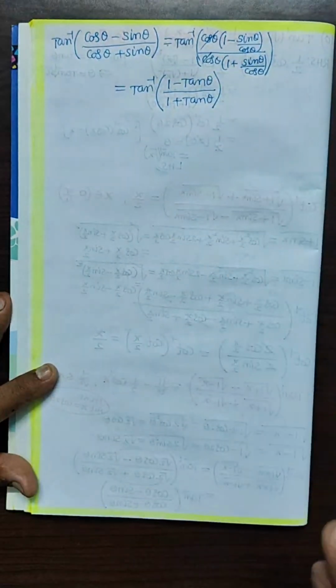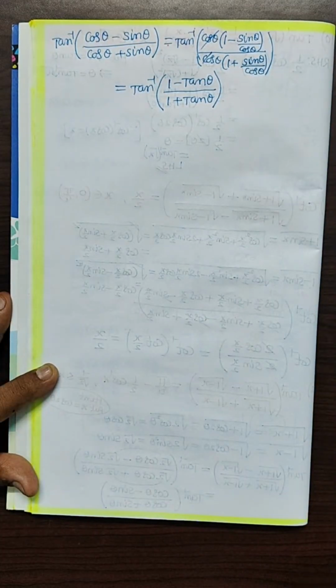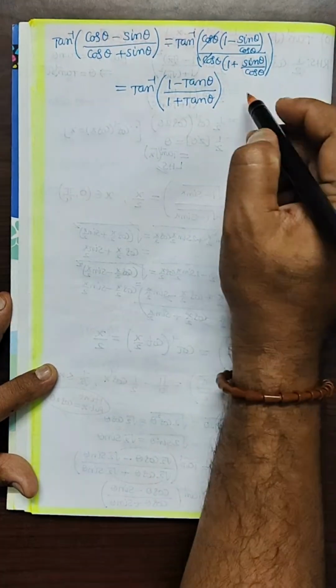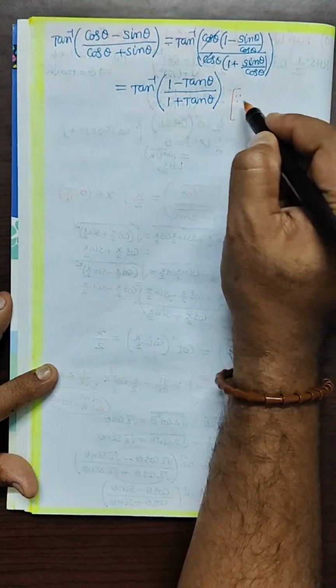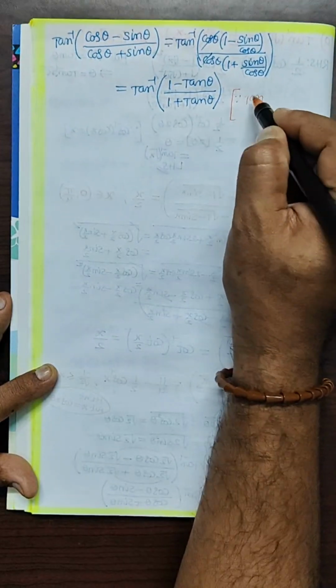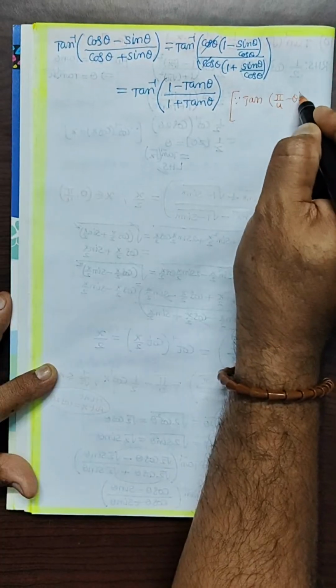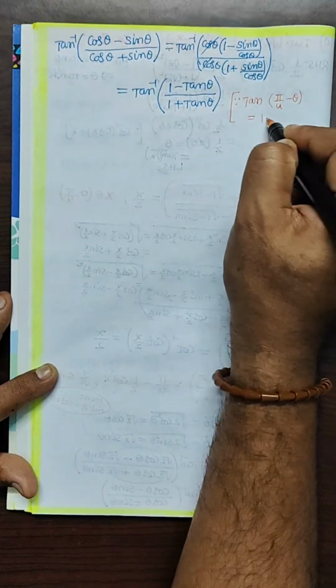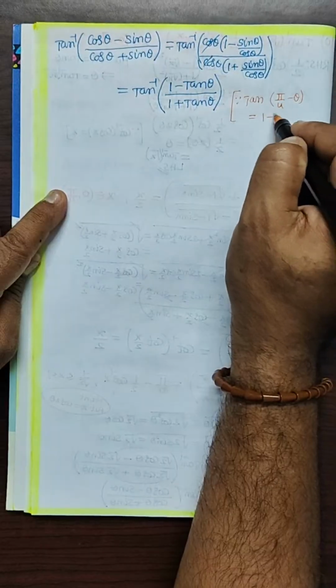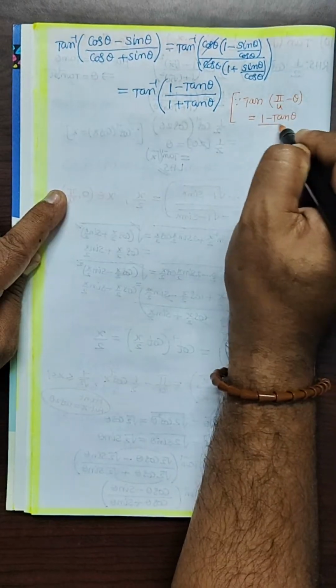So you know the formulas of trigonometry. Since tan of (pi by 4 minus theta), or 45 degrees minus theta, is equal to (1 minus tan theta) by (1 plus tan theta).